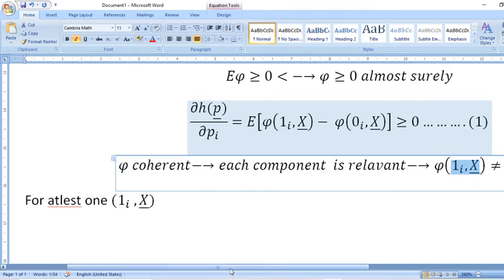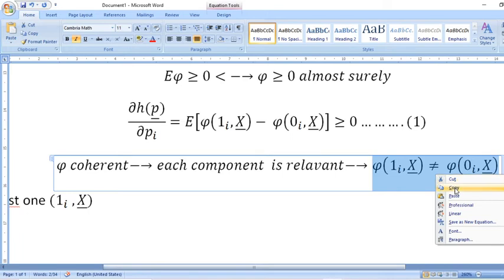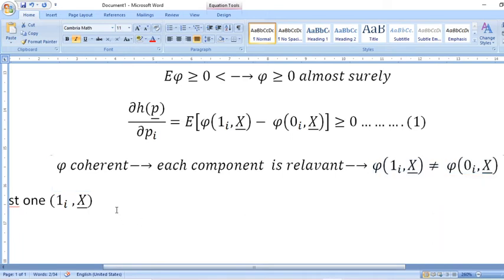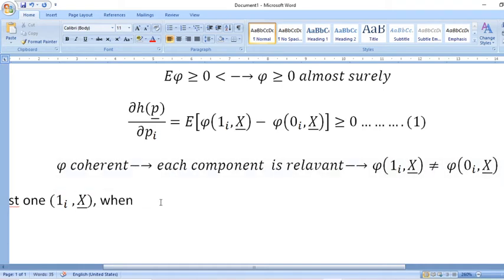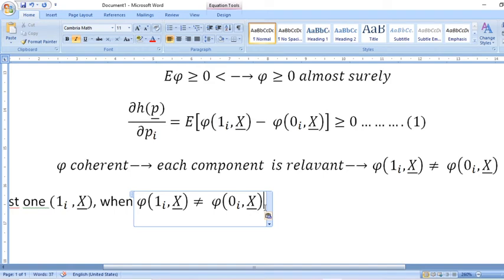So when phi of 1 I comma x is not equal to phi of 0 I comma x, then what is the possibility?